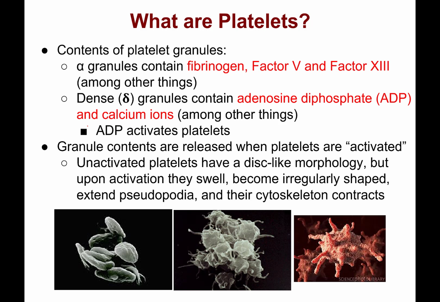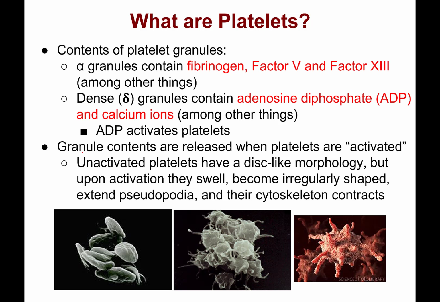And an important point here is that ADP activates platelets. So granule contents are released when platelets are activated. So here you can see there's a little bit of a positive feedback loop because when they become activated, they release the ADP and other things that activate more platelets.